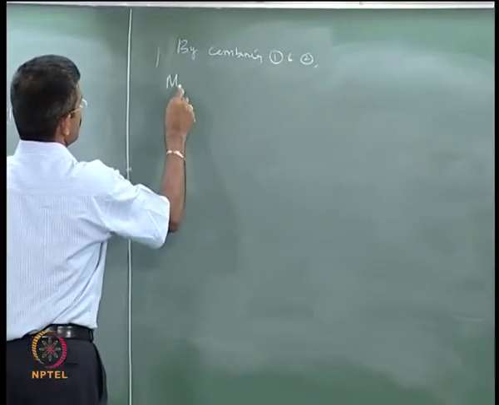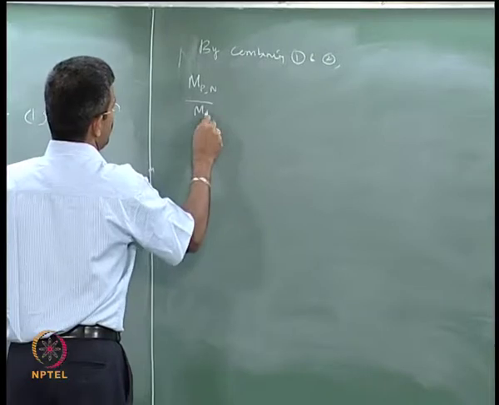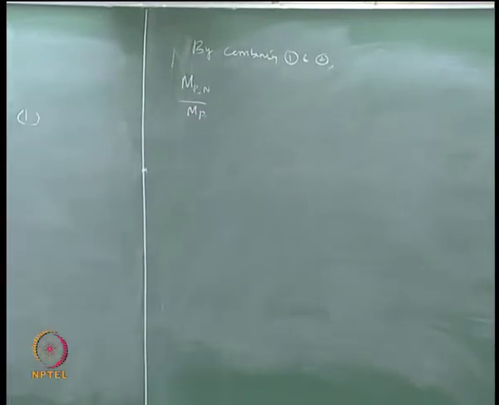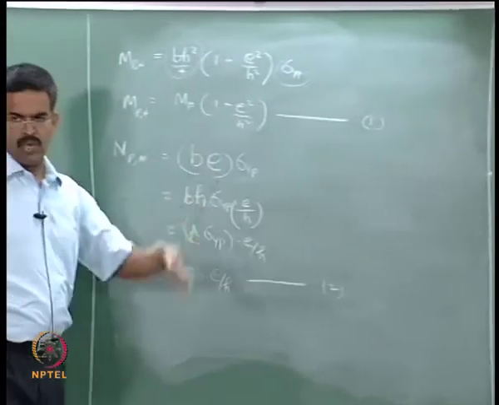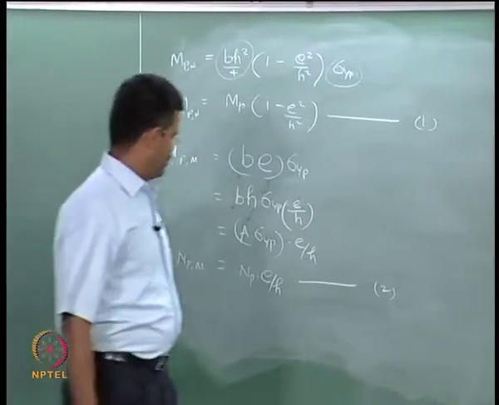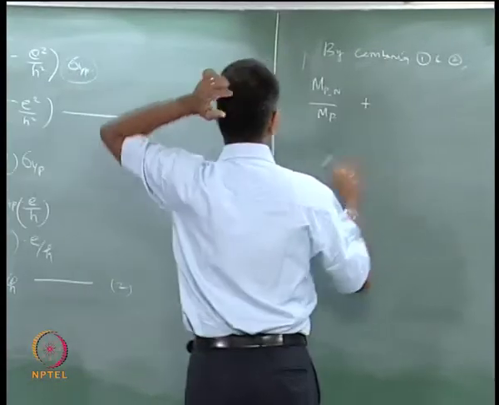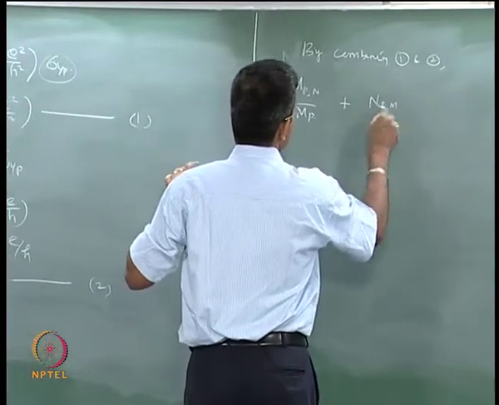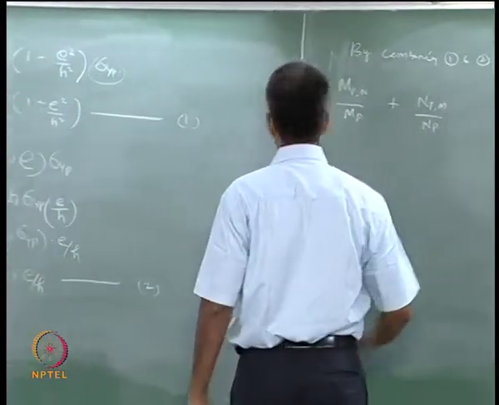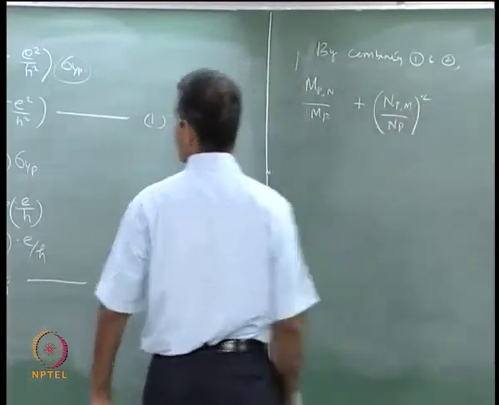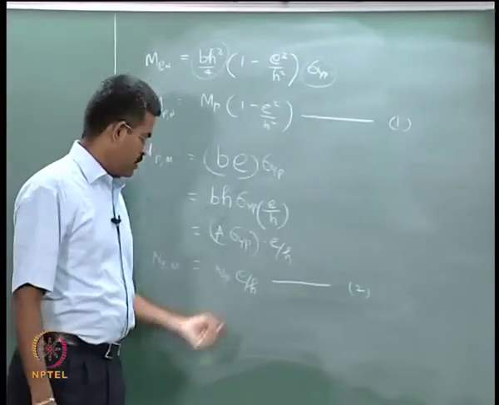So I should say MPn by MP, which will give me 1 minus E square by A square, plus NPn by NP the whole square will give me E square by A square.